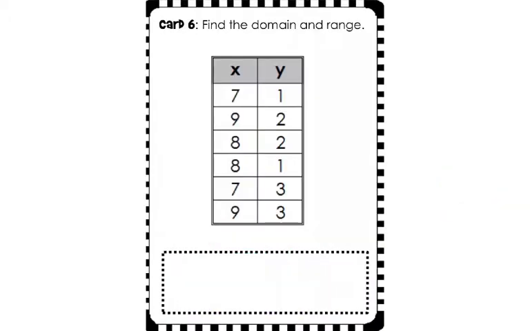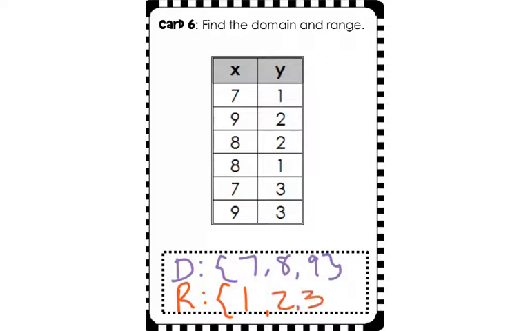Okay. All right. This one's kind of easy, and they're going to list this one out. I don't like to list it out, but whatever. If I stole it, beggars can't be choosers. If you look at the domain and just do it from least to greatest, 7, 8, and 9 are your only domains. And range, you're just going to write out from least to greatest: 1, 2, and 3.